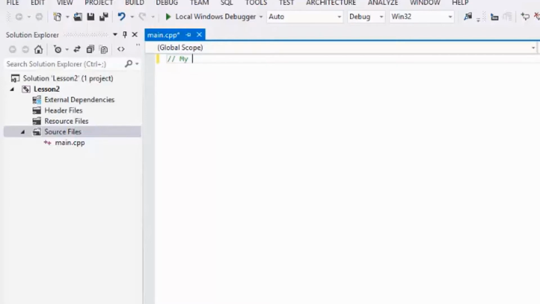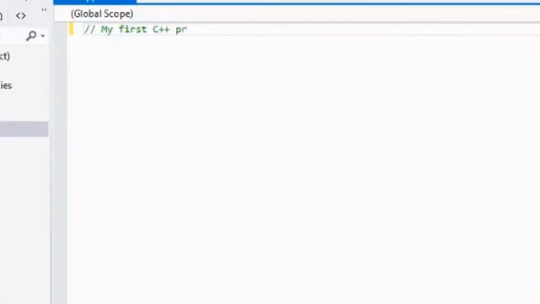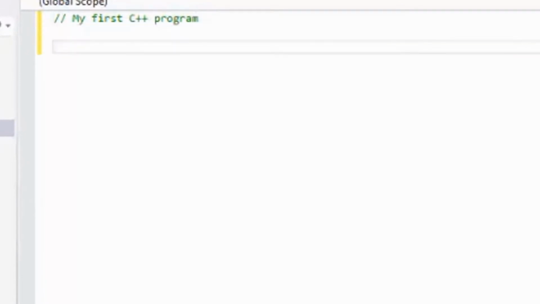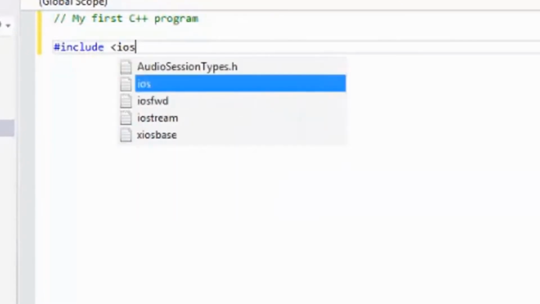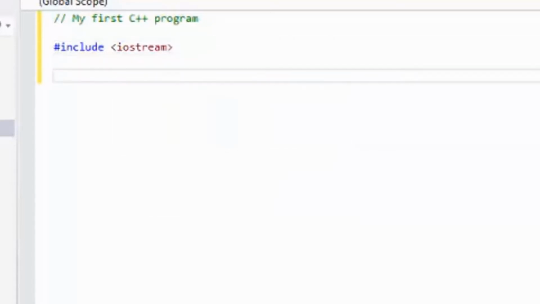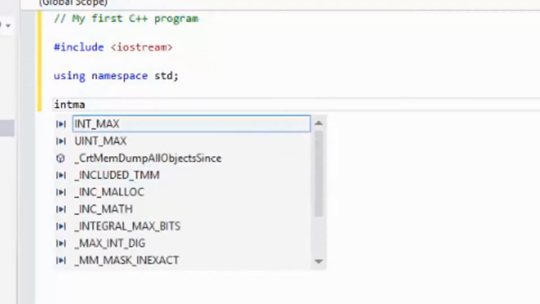So this is a comment. This is including a header file. This is setting the libraries.